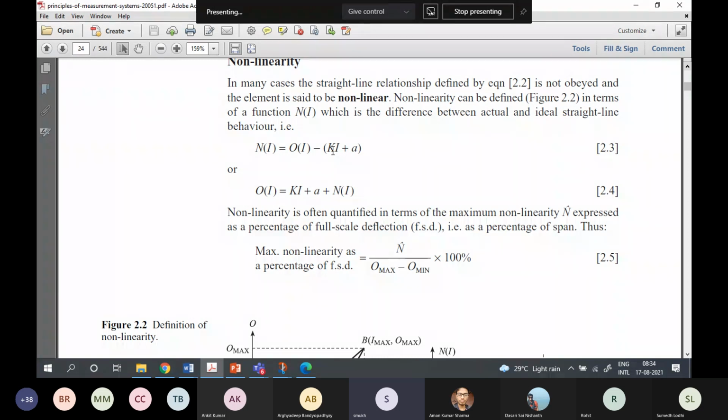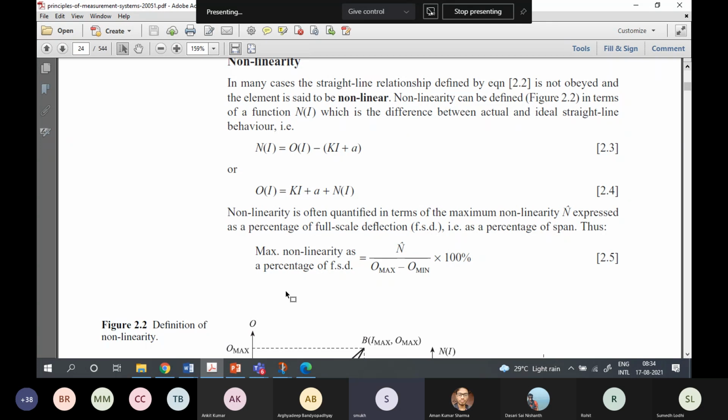So we don't need to model it. We just want to say that the maximum deviation from linear behavior will be 2%. You can treat it as a linear instrument, but remember that it is actually nonlinear.